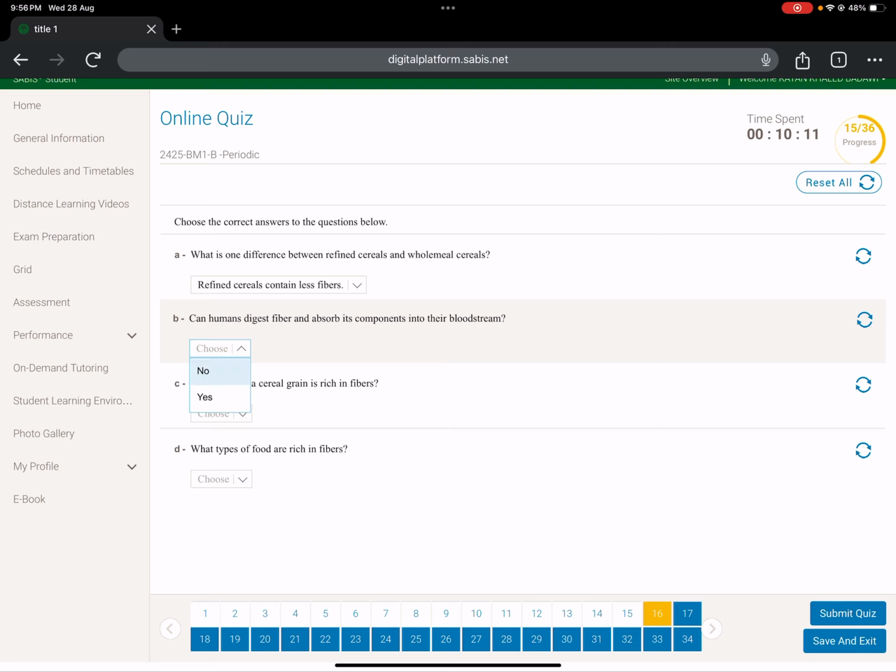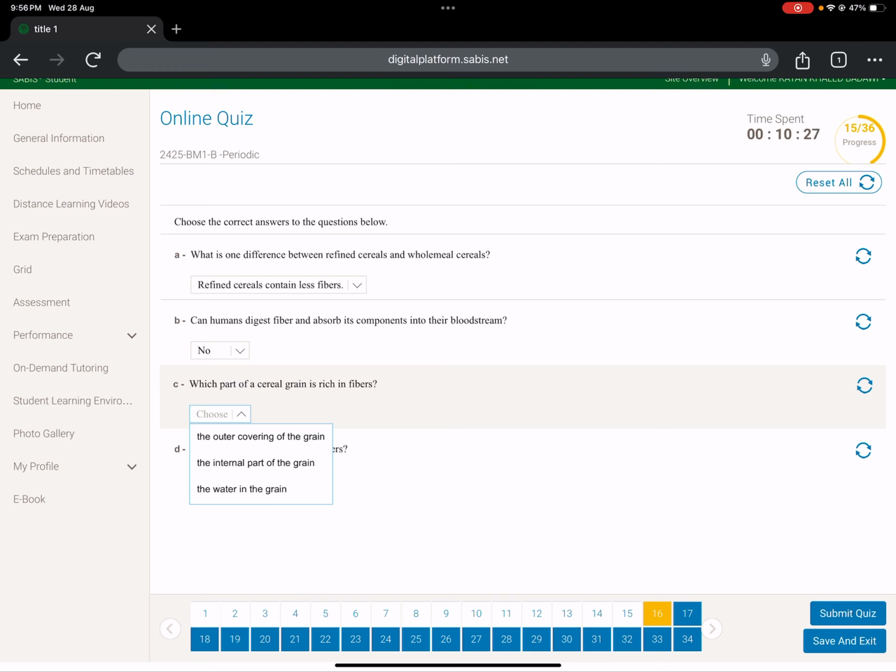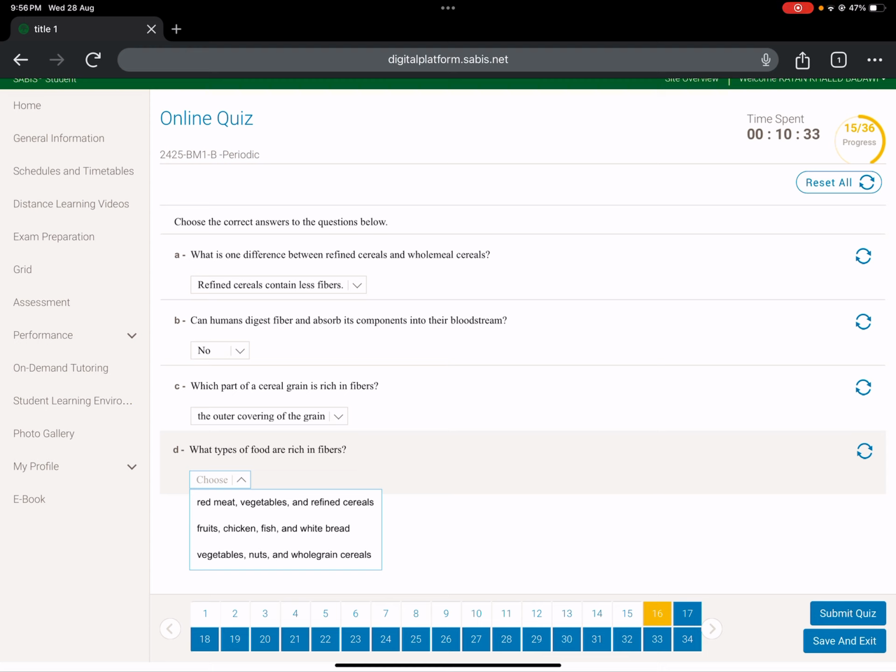Of course not. We said it is not a source of energy. Which part of a cereal grain is rich in fibers? Since we said that wholemeal cereals have bran, where is bran found? Bran is found in the outer covering of the grain. So the outer covering of the grain is the part that is rich in fibers. And what types of food are rich in fibers? Of course, it's going to be vegetables, nuts, and whole grain cereals.